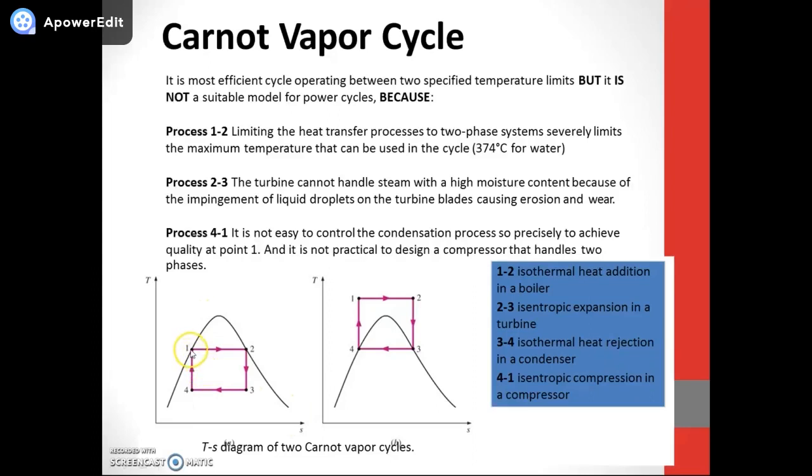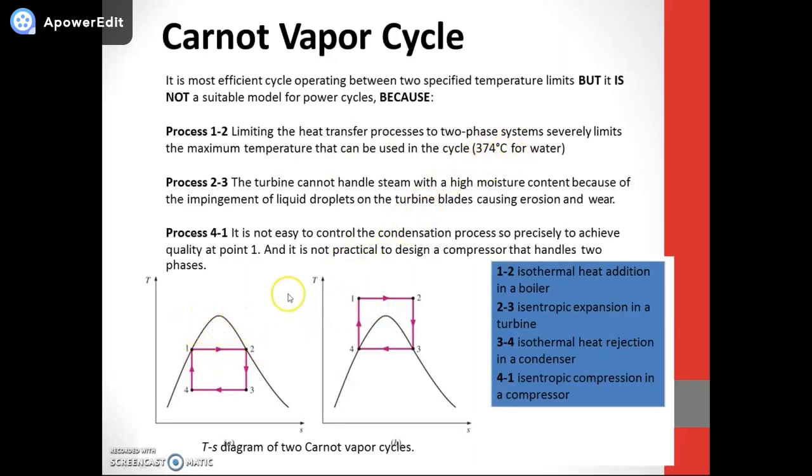Starting from state 1 here, this should be saturated liquid, right? 1 to 2, 2 to 3, mixture. 3 to 4 is also a mixture. So for process 1 to 2, limiting the heat transfer processes to a two-phase system severely limits the maximum temperature that can be used in the cycle, which is 374 degrees Celsius for water.